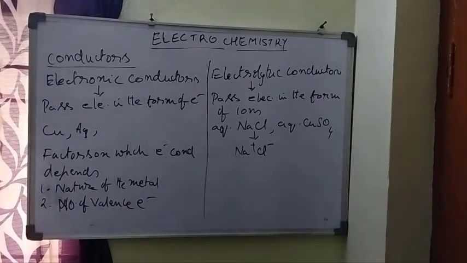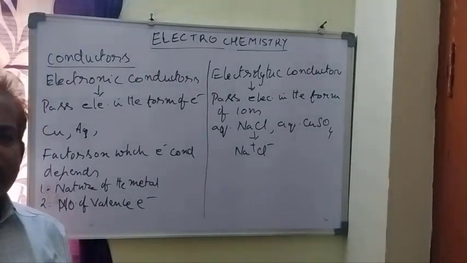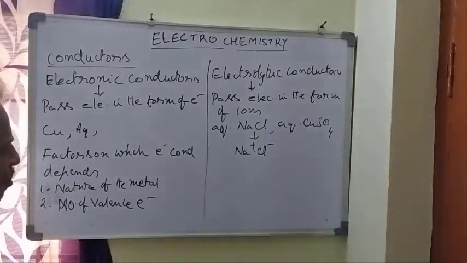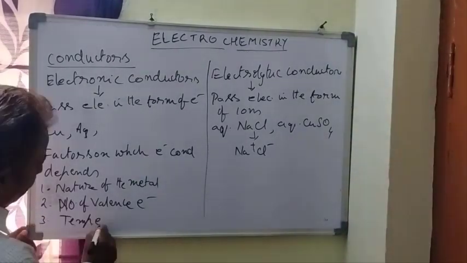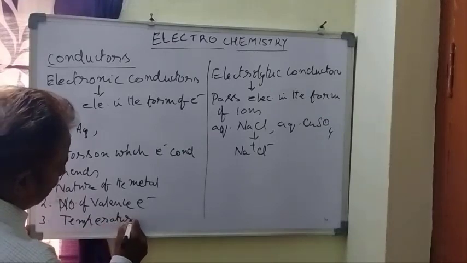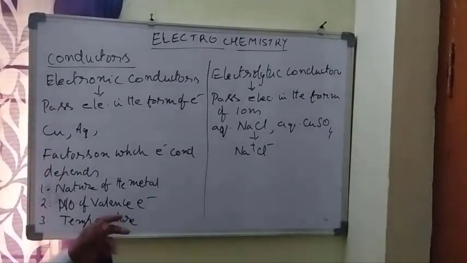For example, sodium has one valence electron, magnesium has two valence electrons, copper has two valence electrons. Then temperature. If temperature increases, electronic conductance decreases. If the number of electrons is more, electronic conductance is more.